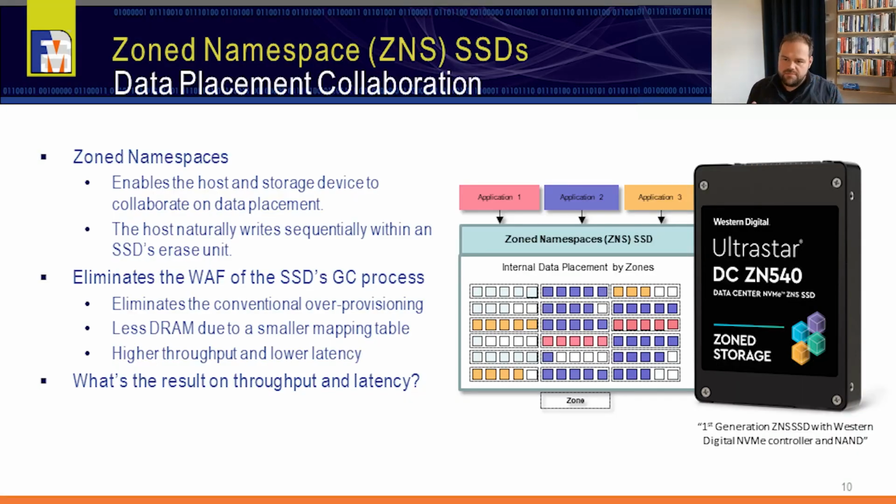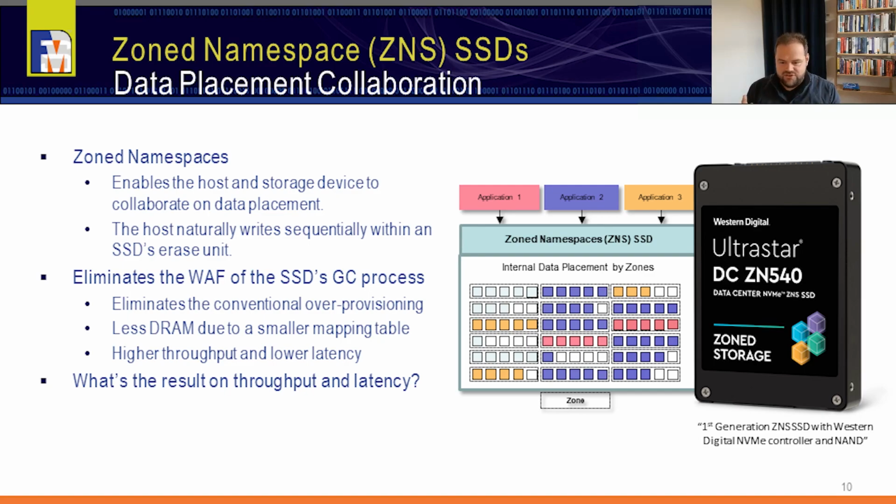So Zoned Namespace ZNS SSDs enable the host and the storage device to collaborate on data placement. The host software stack has to naturally write sequentially within an SSD's erase unit. What this does is eliminate the write amplification factor of the SSD's garbage collection process.